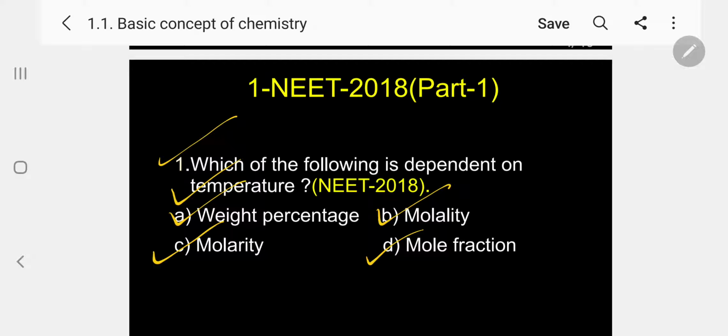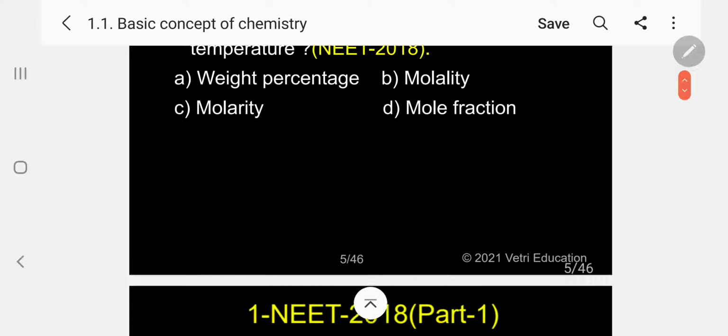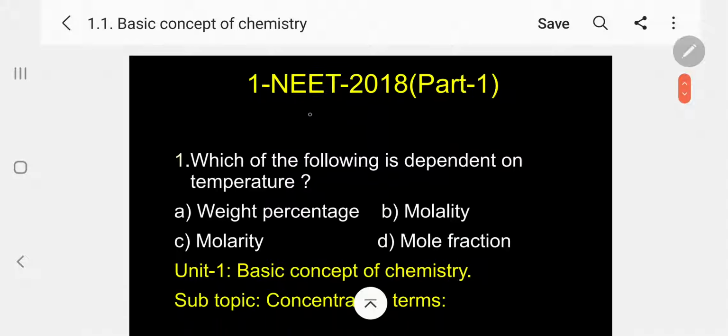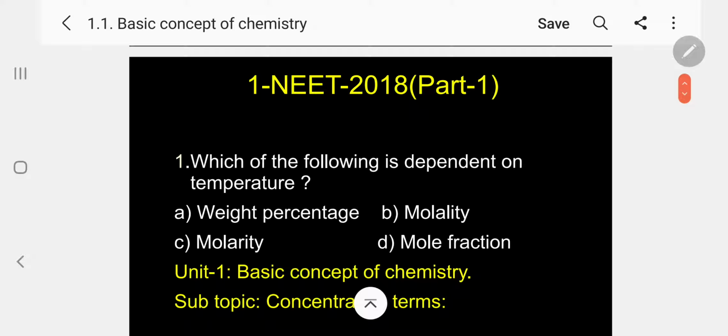Okay, I want to give some more information. As I have already discussed, this question is asked under the basic concept of chemistry, specifically under the subtopic concentration terms. So you must know what the concentration terms are.